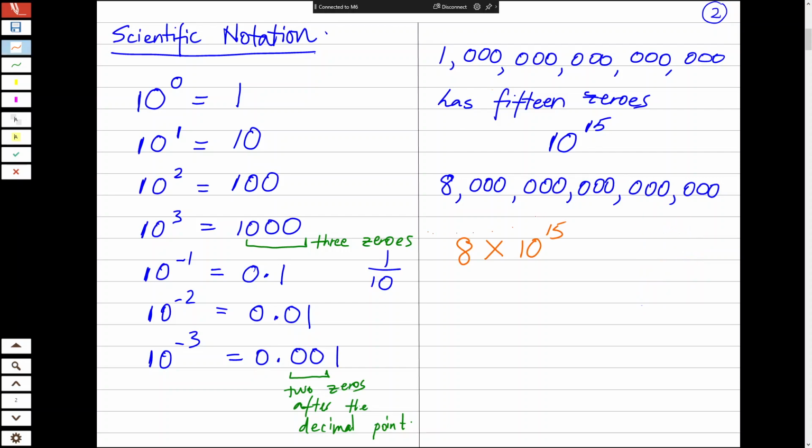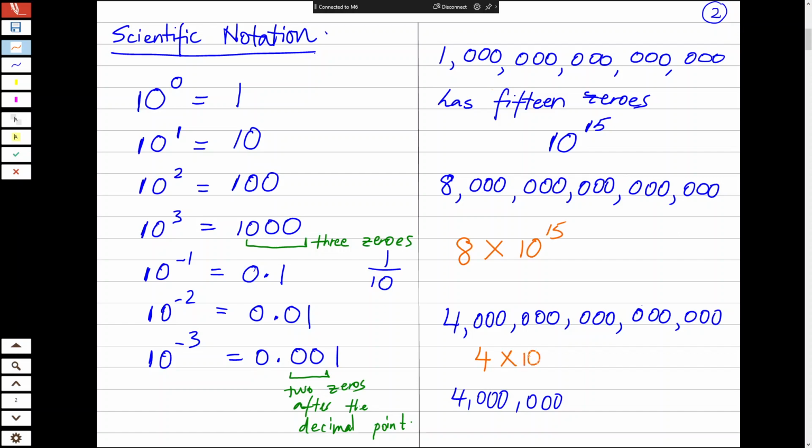Let's do one more, and by now, hopefully it'll be a bit more obvious. Let's say I have, let's pick 4 quadrillion. So we've still got 15 zeros. What was that, Louis? 4 times 10 to the 15.